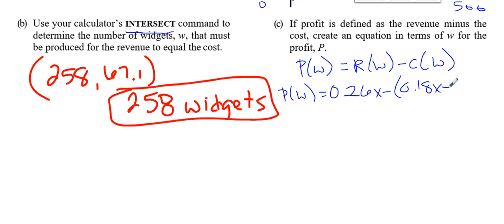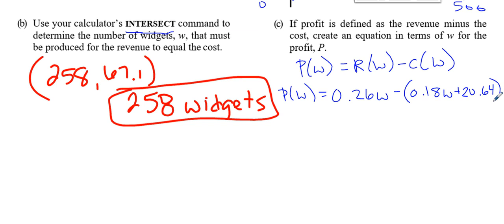Let me start that again, because we do need to use W, because it is in terms of W. So it'd be 0.26W minus, in parentheses, 0.18W plus 20.64. So I need to distribute that negative into everything inside the parentheses.